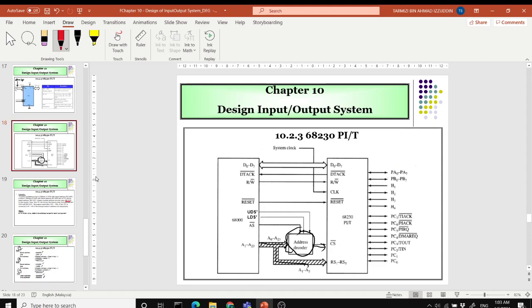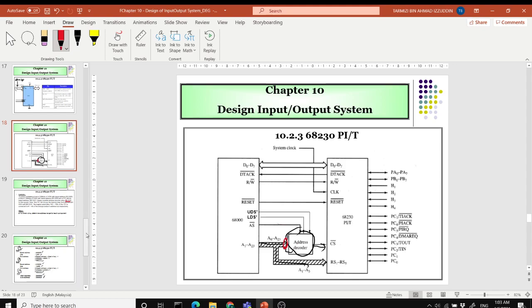Depending on the states of the pins to the address decoder, we will select which peripheral we are going to connect to your 68K.